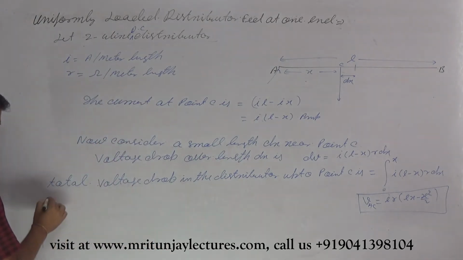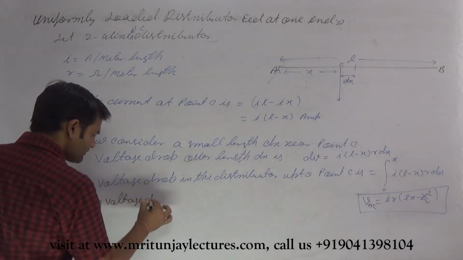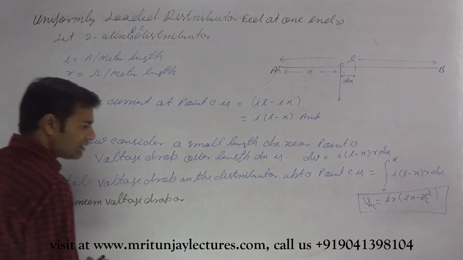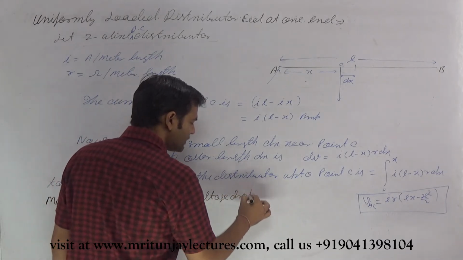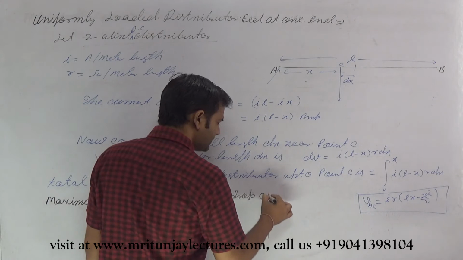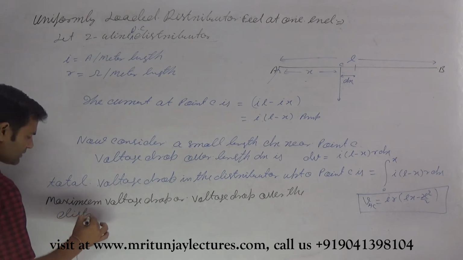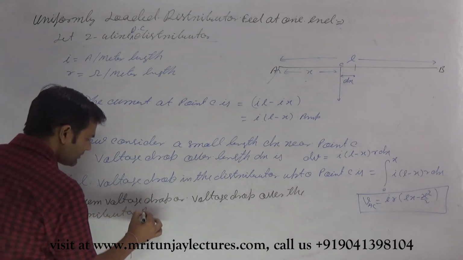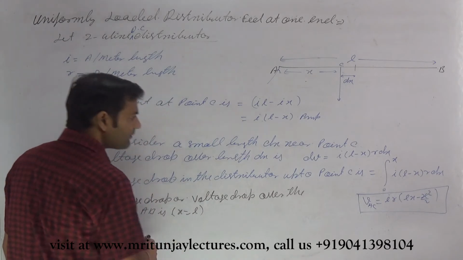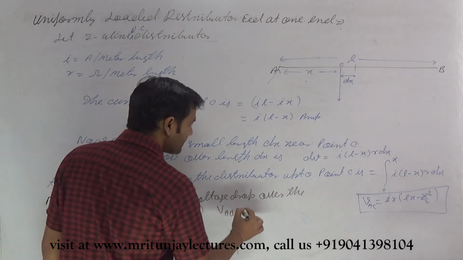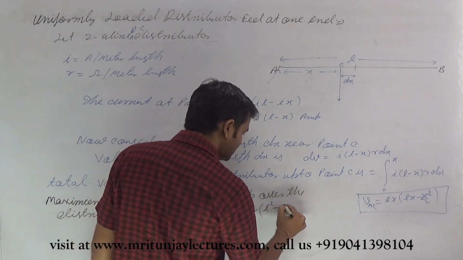So the maximum voltage drop over the distributor AB is at x equal to L. So V of AB is I into R(L square minus L square by 2).